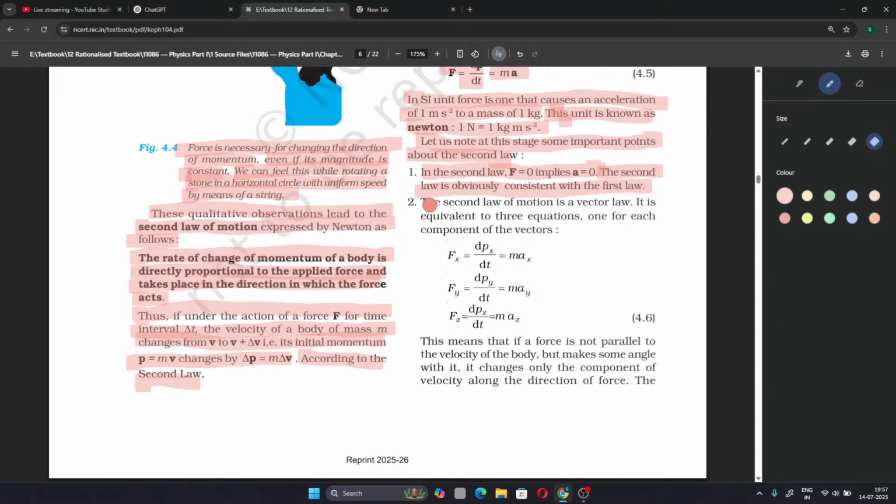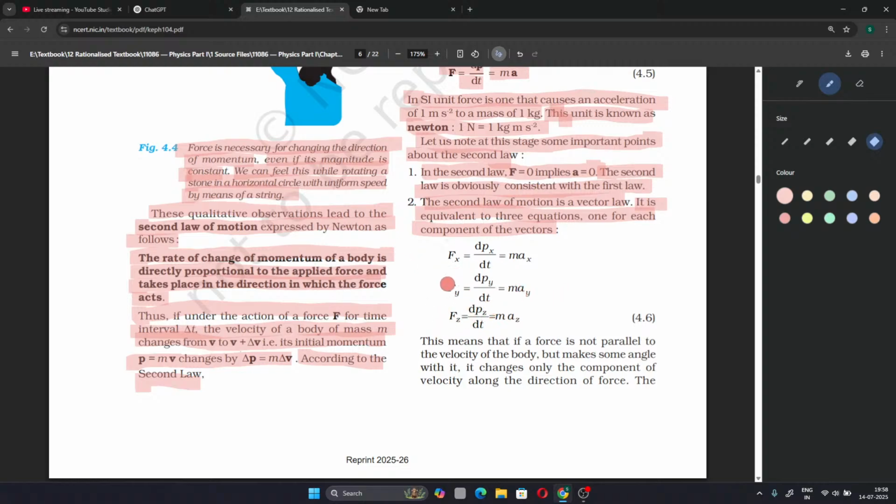And the second point, the second law of motion is a vector law. It is equivalent to 3 equations, one for each component of the vectors. Basically, since it's a vector law, it has a direction. And we know that our world is three-dimensional, where we have 3 axes, x, y, and z.